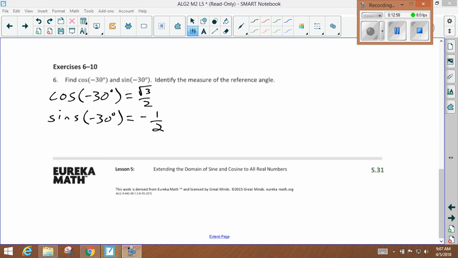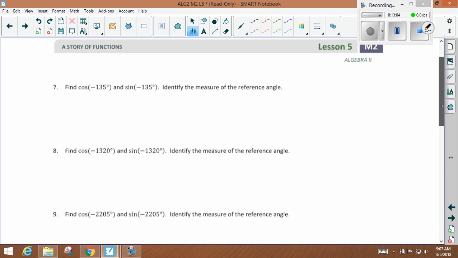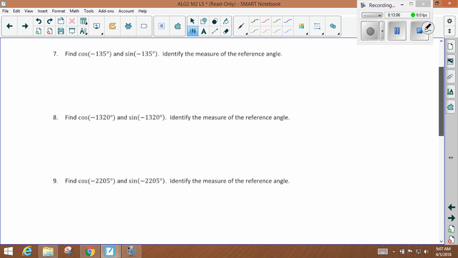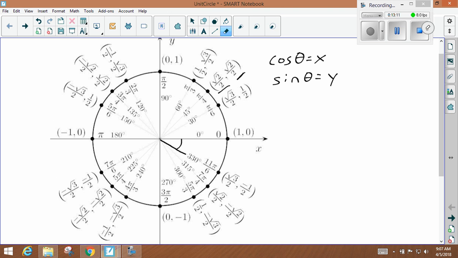So 2 minutes. All right, negative 135 degrees. Let's look at our unit circle. Have you noticed I could also just go 360 minus 135, and that'll tell me where to go, right?